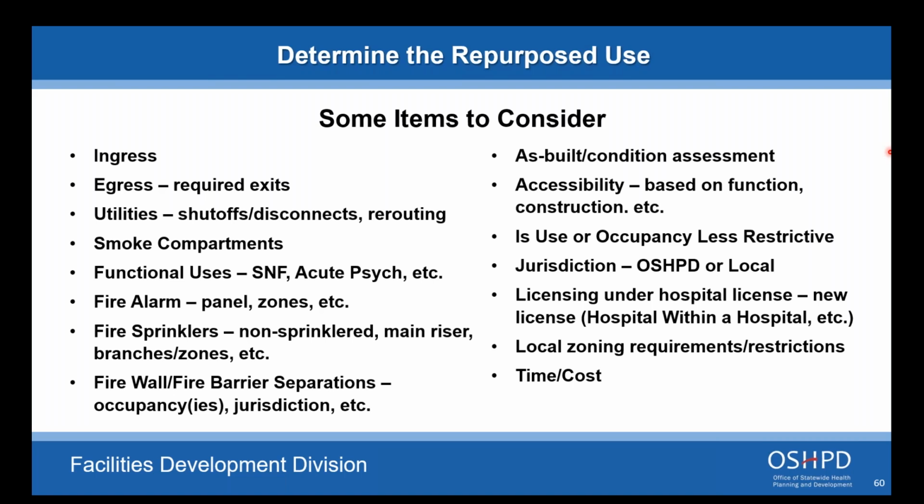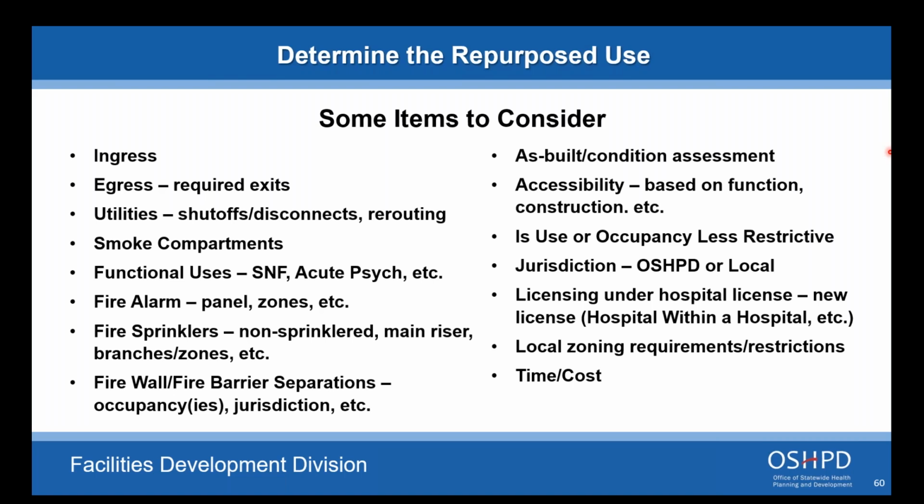Looking at local zoning and requirements and restrictions. If you're putting a new use in this building, you may have new or additional requirements for parking, depending on the use going in there, that may have to be met. And will the site accommodate those additional requirements, as well as the accessibility that we required because of the change in numbers.